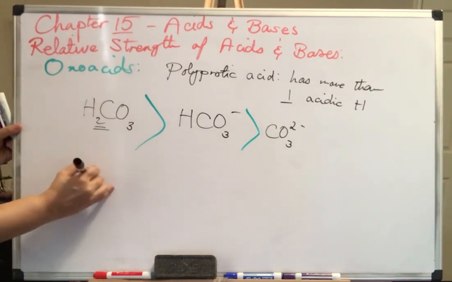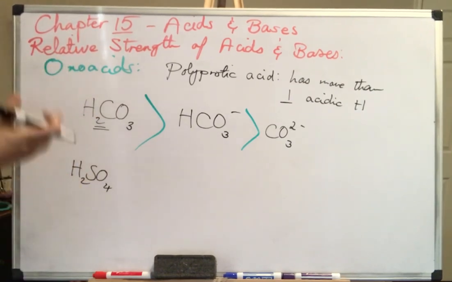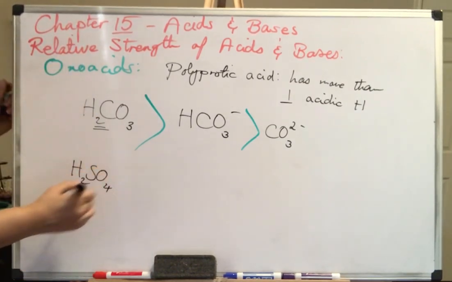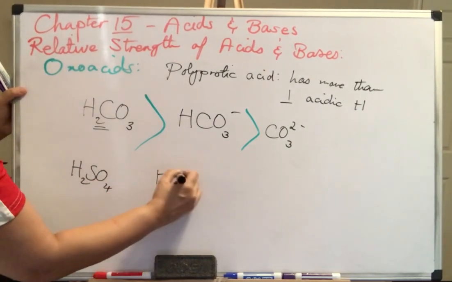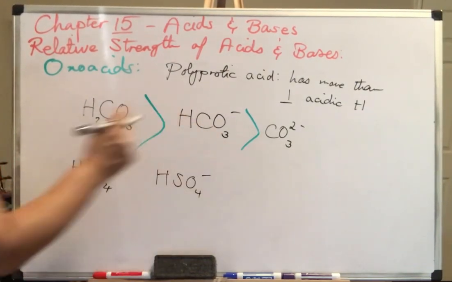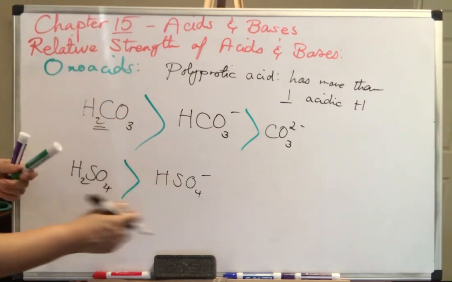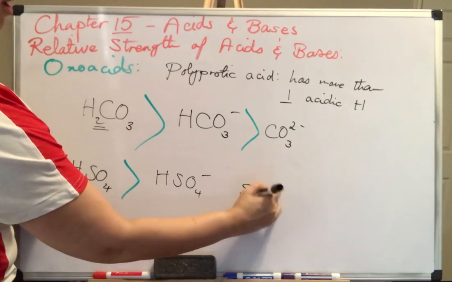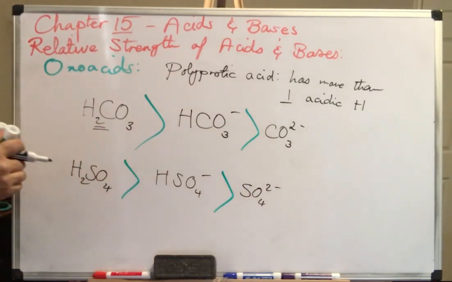The first one looks like the fresh one, so it has more energy. The same with H2SO4 and HSO4 negative. Which one is stronger? Again, the one with more hydrogen and less negative charge. And if it loses one more hydrogen, what happens? This becomes even less strong.